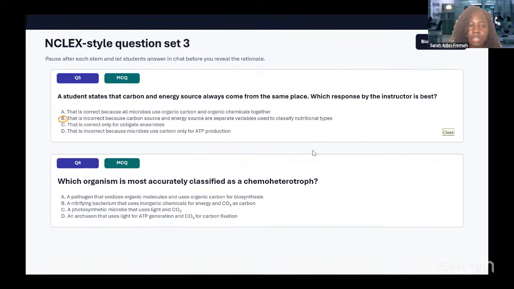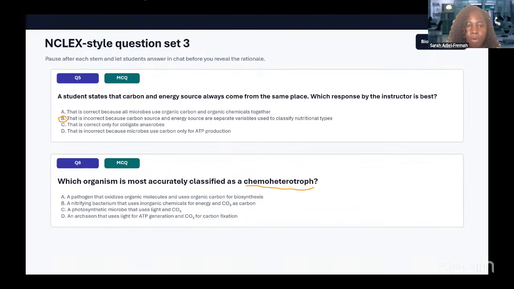Question number 6. Which organism would you classify as a chemoheterotroph? Okay, so we're getting some feedback. B, okay.